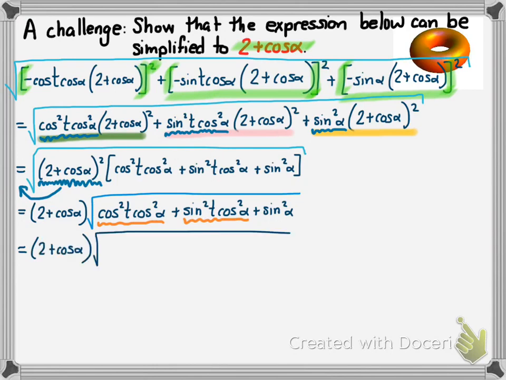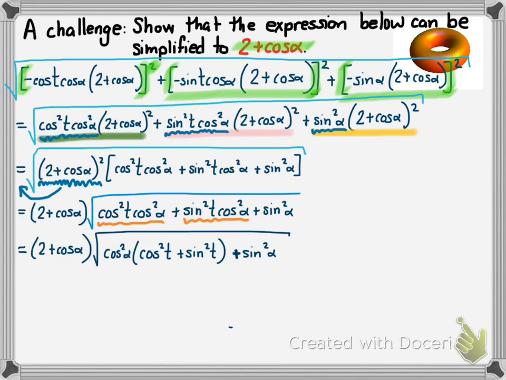Our 2 plus cosine alpha, our square root. I'm going to factor out cosine squared alpha from the first two terms. And that leaves me with cosine squared t plus sine squared t. And notice then I close the parentheses because I've only factored cosine squared alpha out of the first two terms. Okay, I still have a sine squared alpha at the end, and it looks like I'm missing a plus, so that should be a plus right here. There we go.